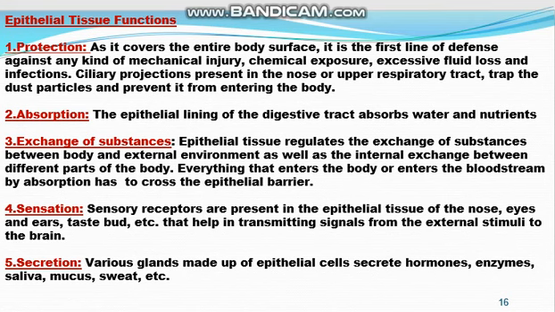Everything which enters the body or the bloodstream by absorption has to pass through the epithelial layer of the epithelial tissue. So this is the important function of the epithelial tissue.